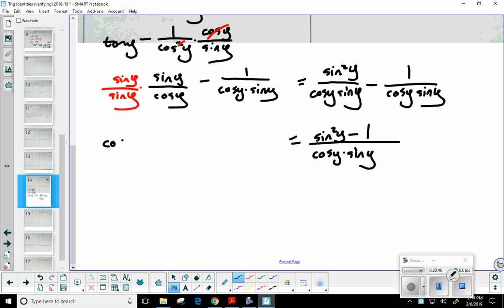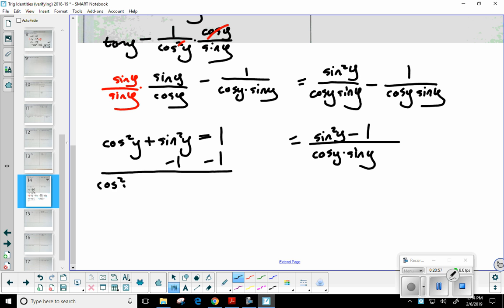So cosine squared plus sine squared equals 1. So if I go ahead and subtract the 1 over, cosine squared plus sine squared minus 1 is equal to 0 because the opposites cancel. So see, I've got the sine squared y minus 1, but I've still got the cosine squared on the same side. So I'm going to have to subtract it over as well.